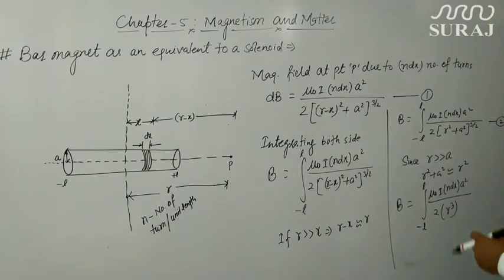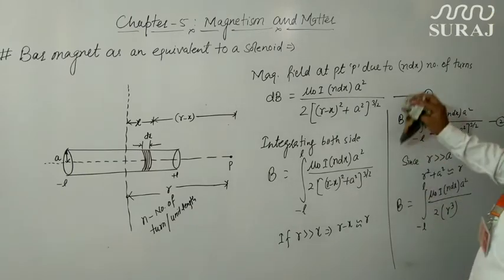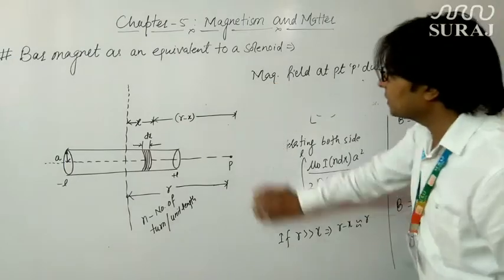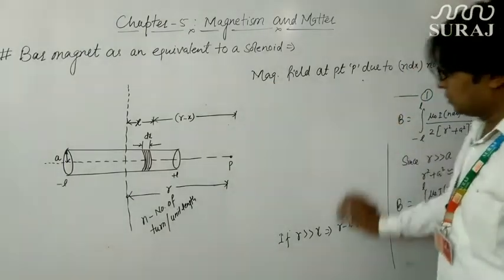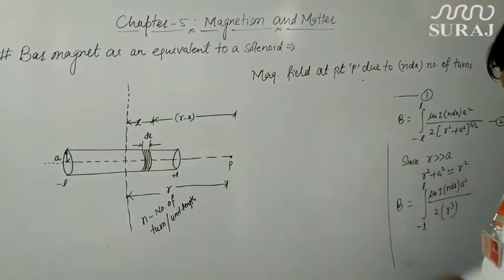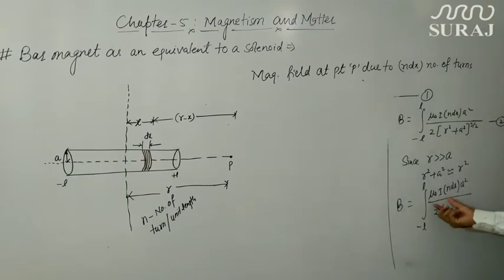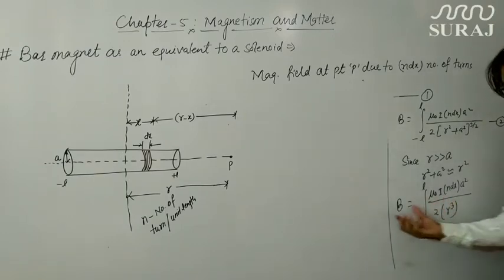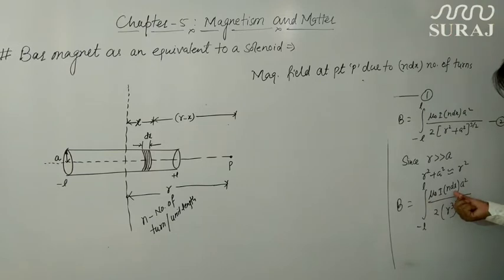Okay, now we will solve or simplify this equation to find out the net magnetic field at point P. So we will take the other constants outside the integration apart from this dx, so all are constant, you can say, except this x.